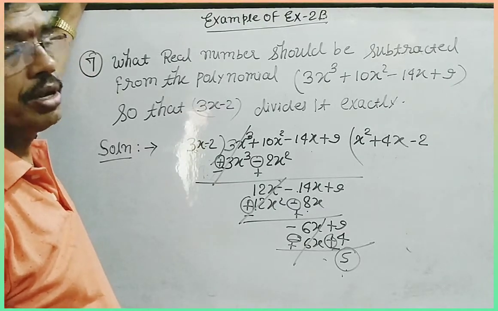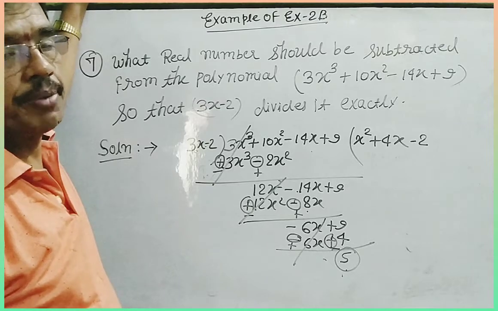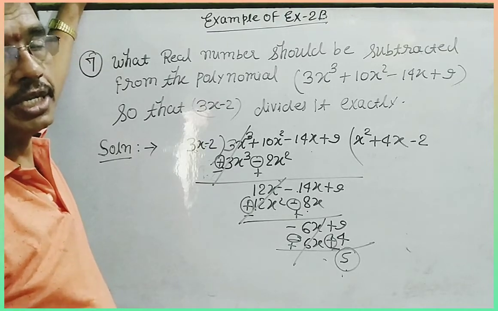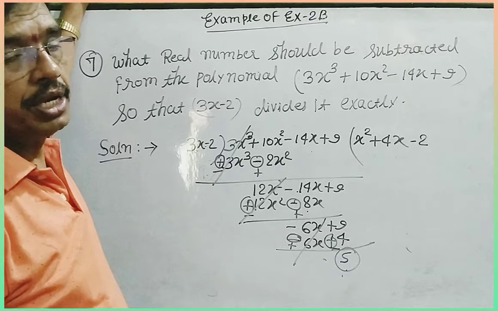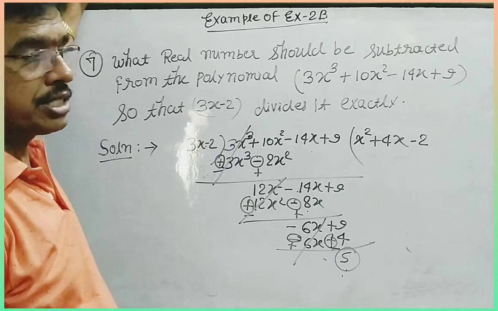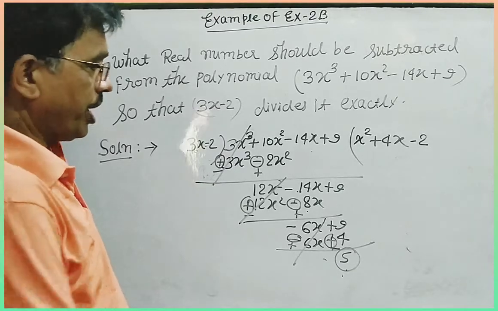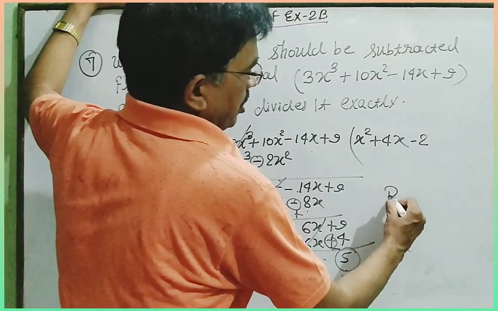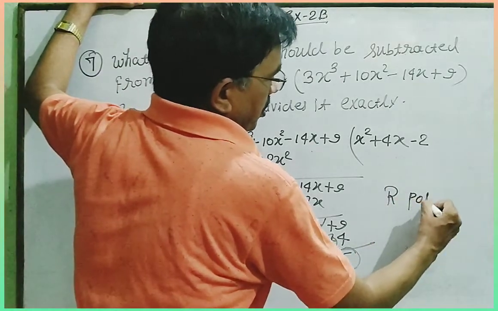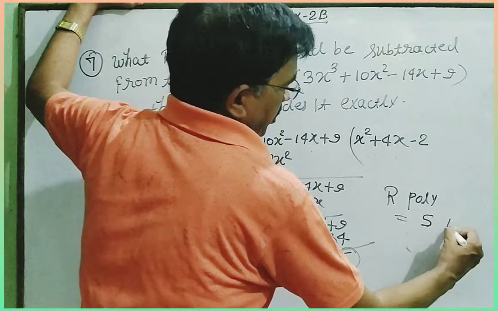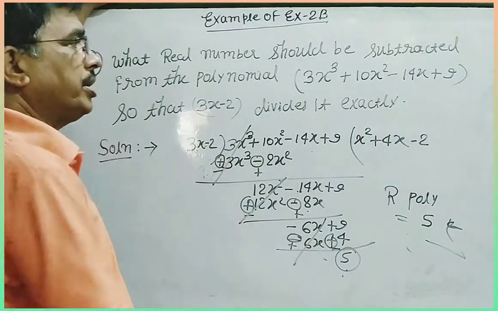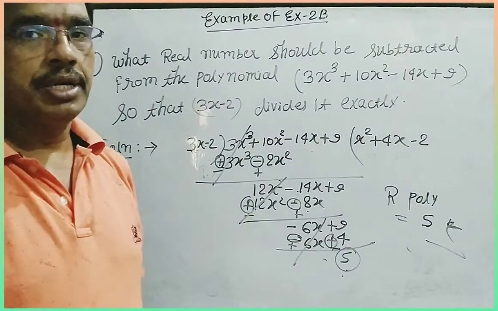So dear student, when your question is what number must be subtracted from a polynomial so that it is exactly divisible by that polynomial, then your answer will be the remainder. So you write required number is equal to 5. Subtract it, then we get it exactly divisible.